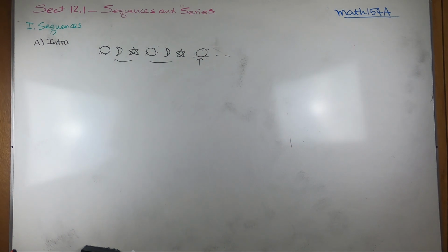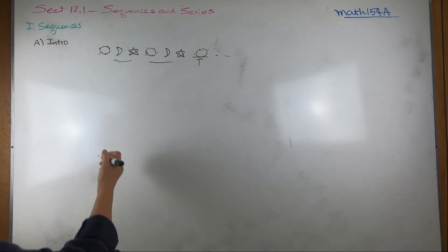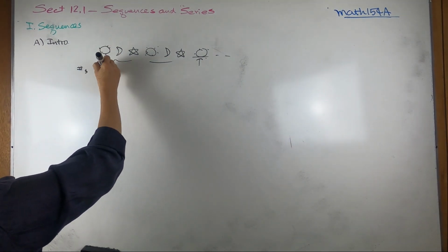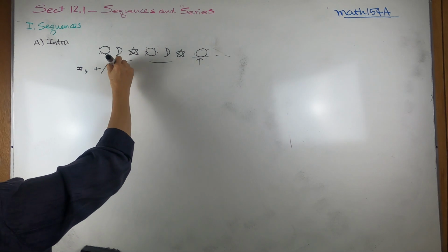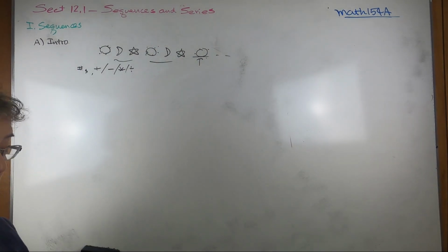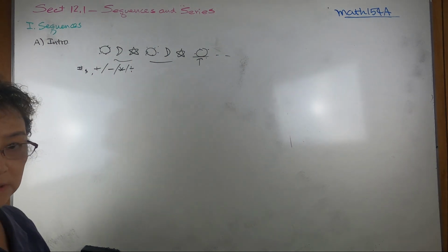So in math, what do we use? We use numbers. Instead of that, we use numbers and we add, subtract, multiply, and divide, things like that, to find a pattern.